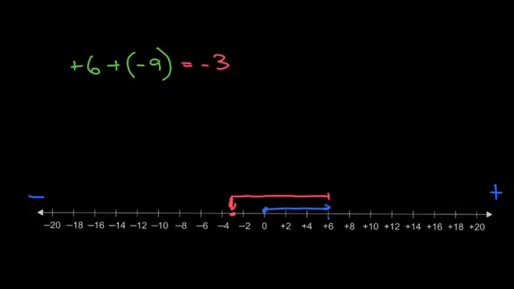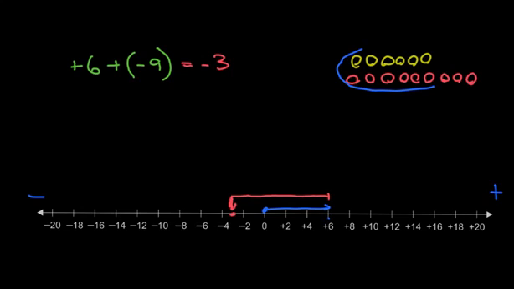And again, if this was a tile problem, I'm going to show tiles as well, just so we don't waste time here. Tiles, so I have 6 positive tiles. I'm going to add 9 negative tiles, and then we're going to remove any 0 pairs to simplify it. And the remainder is negative 3. So that's how I do it with tiles.